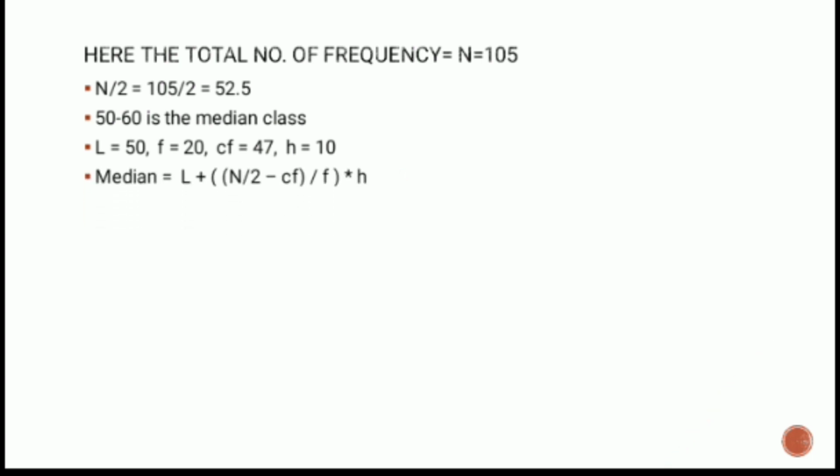Okay, so median is equal to L plus, writing the formula of median for grouped frequency distribution, L plus n by 2 minus CF upon F into H. Substituting the values: L is 50, n by 2 is 52.5, CF is 47, F is 20, and h is 10, the class interval.